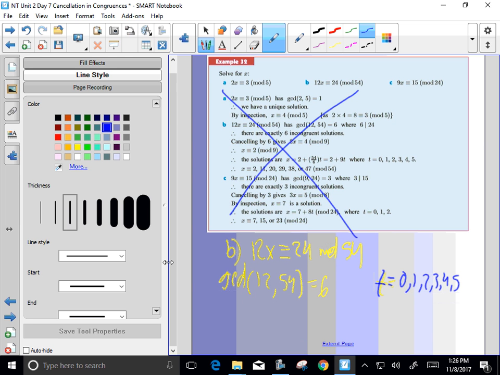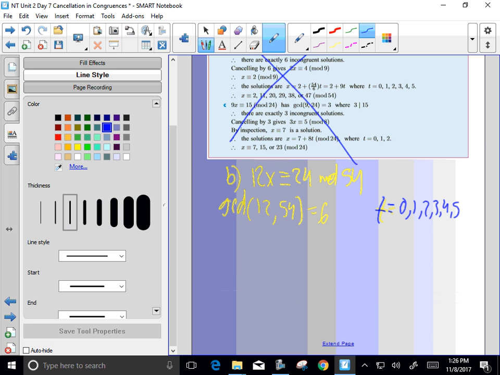Now, can we divide this by 6? Yes, we can. So this is going to be 2x is congruent to 4 mod 54 over 6, which is 9.